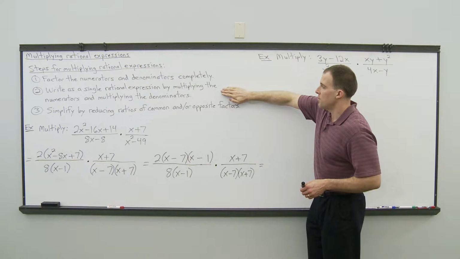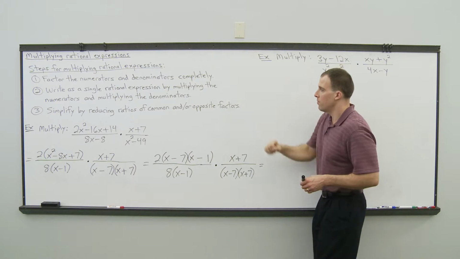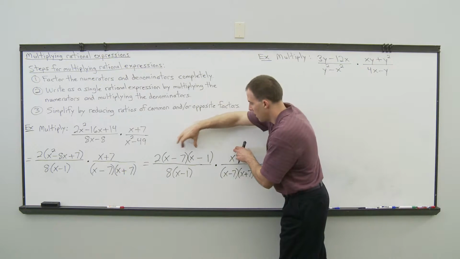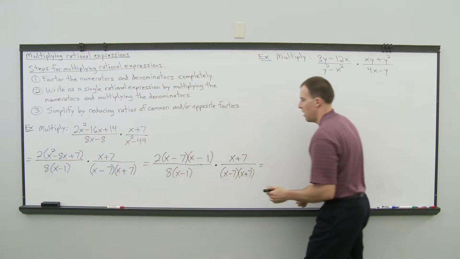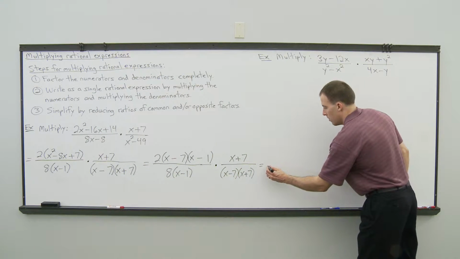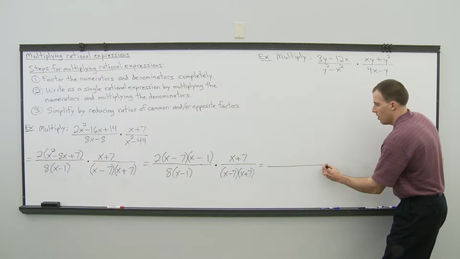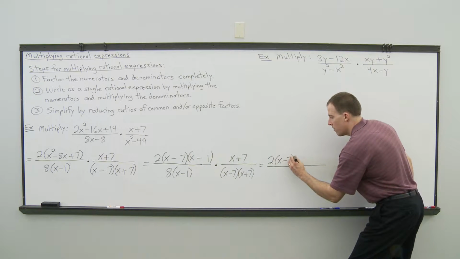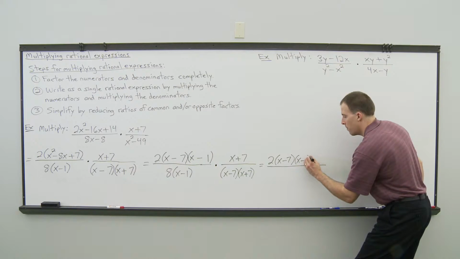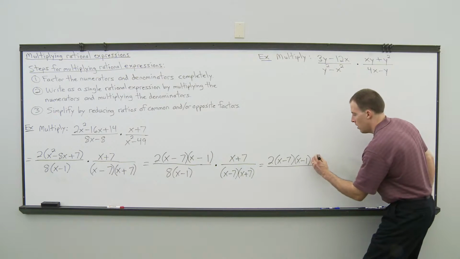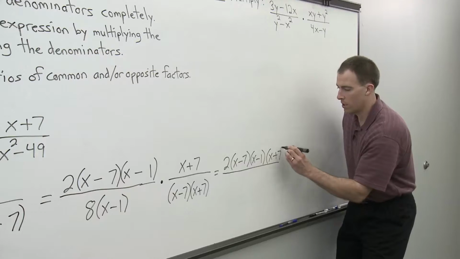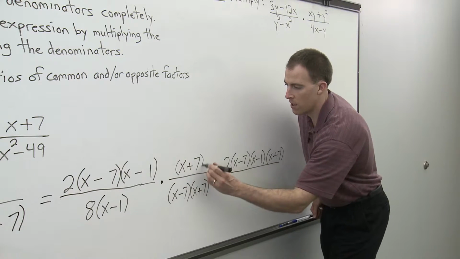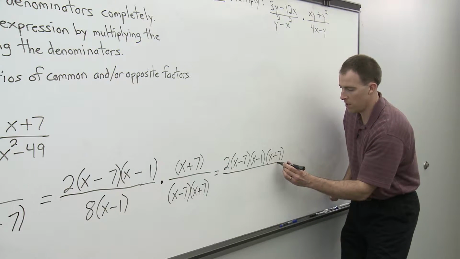Now we need to write it as a single rational expression, a single fraction, by multiplying the numerator factors together and then multiplying the denominator factors together. So we've got 2 times (x − 7) times (x − 1), expressed as a single fraction, times (x + 7). I put parentheses around the x + 7 so that it's all in factored form.